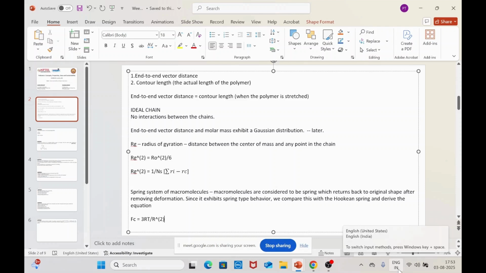So after this we have some discussions on polyelectrolytes. What kind of polymers do you think can be used as polyelectrolytes, or what kind of polymers fit the definition of polyelectrolytes? Yeah, that is the example. So what is that basic thing that a polymer should have so that it can be called a polyelectrolyte?